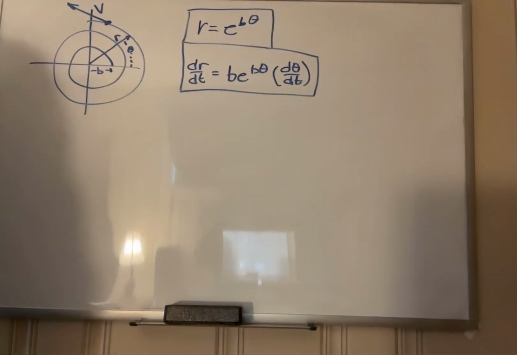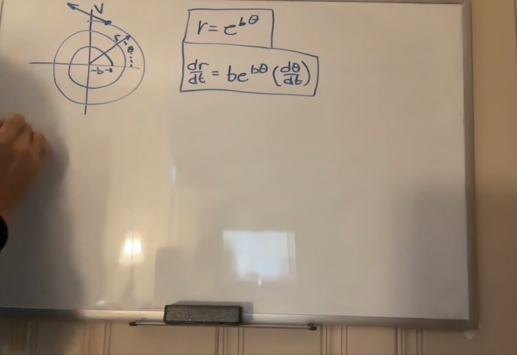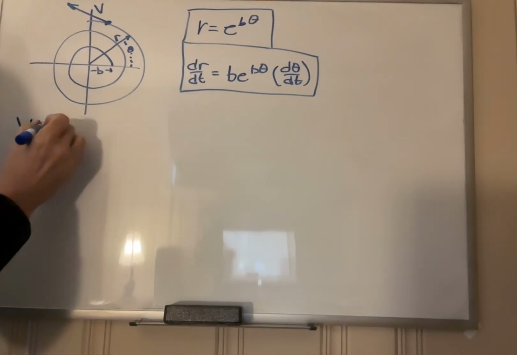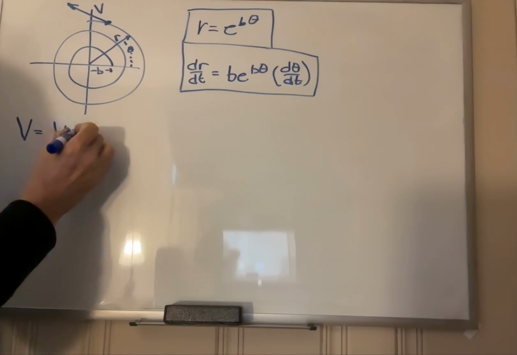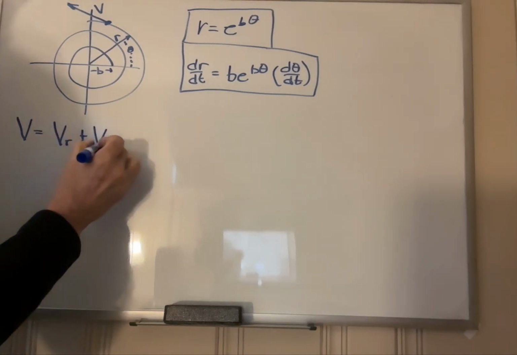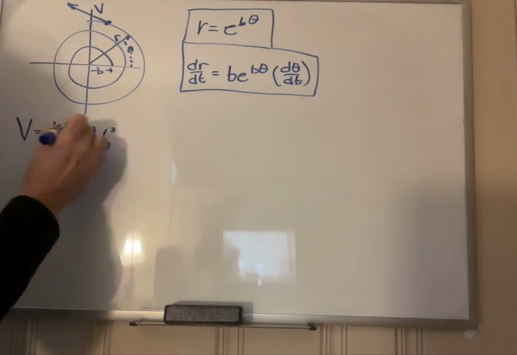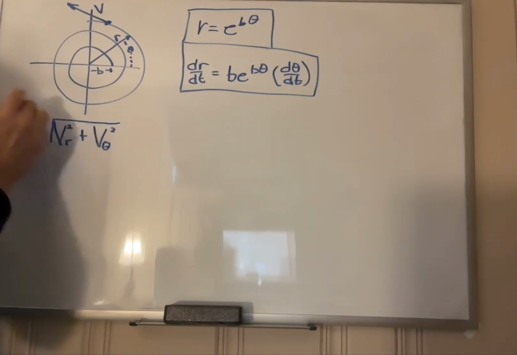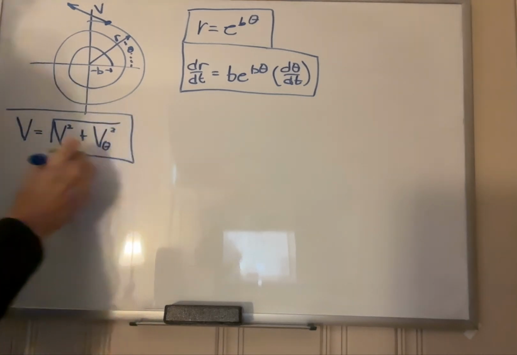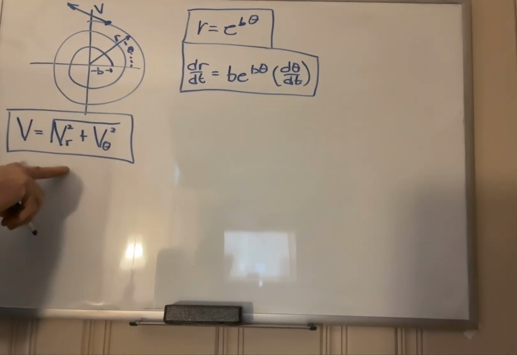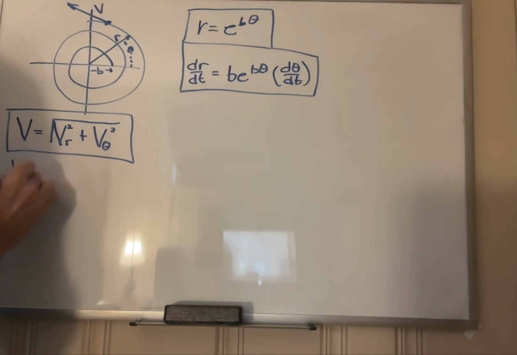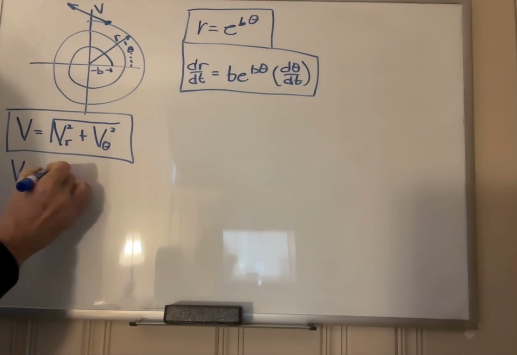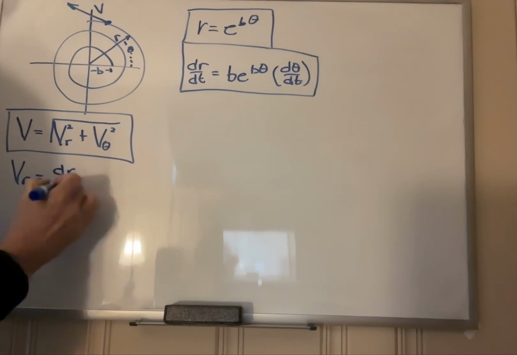So how would we find the velocity? Well, there's a nice little equation which tells us that velocity is going to be equal to velocity in r plus velocity theta. We square those two, take the square root, and this is going to be the velocity. So let's find out what we can do. Well, v_r in linear motion is just dr/dt.